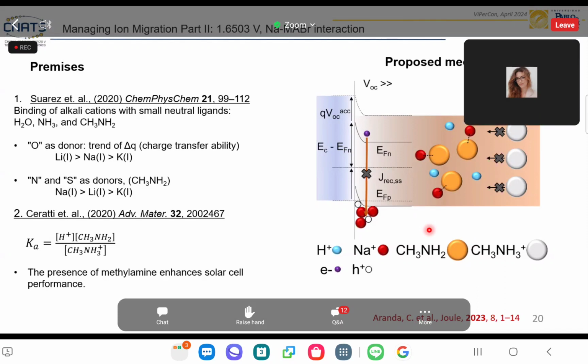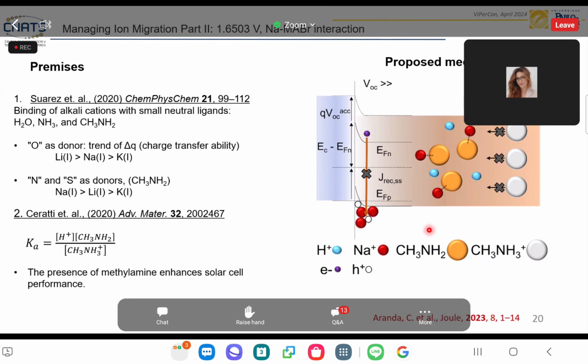Yeah, with other strategies to improve the VOC, well, of course, you have to have a good energy alignment and so on. I don't like the term passivation that much, because it is very vague.